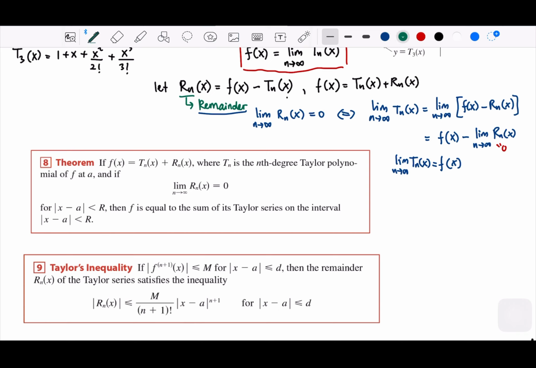So this is going to be in approximating functions. Okay, if we have time later, we can go back to this inequality. But this is just to show that when we have some certain values m and d for each f derivative and the interval x minus a, then we can rewrite the remainder using the terms from the Taylor, okay?